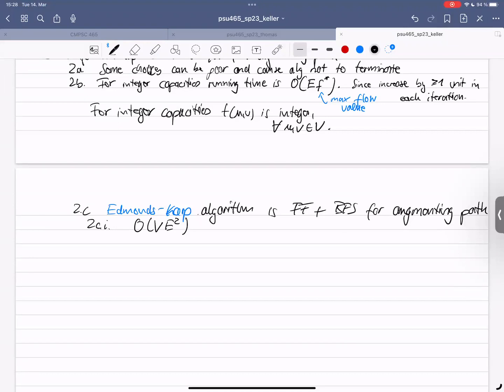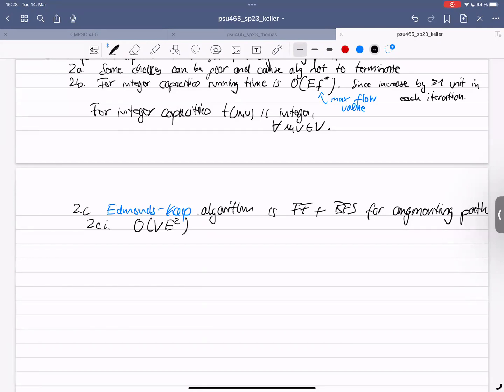This can be seen in the Cormen book on pages 727. The basic observation there is that in each iteration you're still running BFS. We said this takes time order E, the number of edges, as before. And the number of iterations you can then bound by number of nodes times number of edges, which gives overall number of nodes times number of edges squared running time.